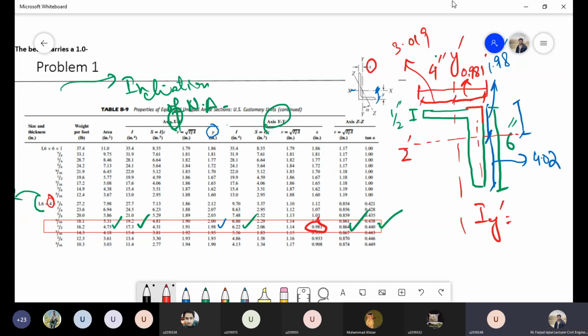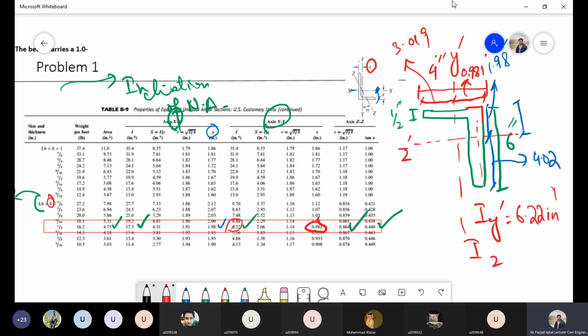I know that my vertical axis is y over here in the section table and my axis is y dash. So for this y axis, if I look into this figure, I've been provided with IY, which is 6.22. So I can say that IY dash is 6.22 inch 4.